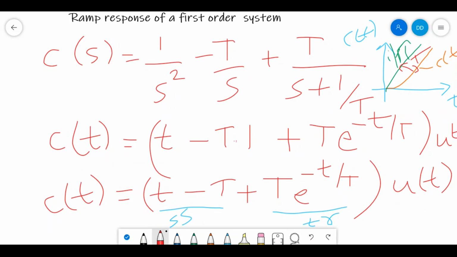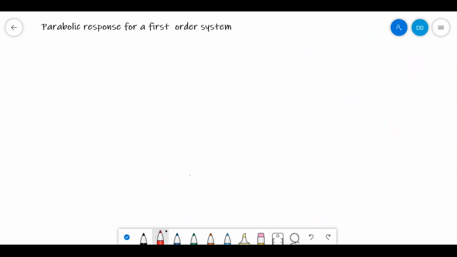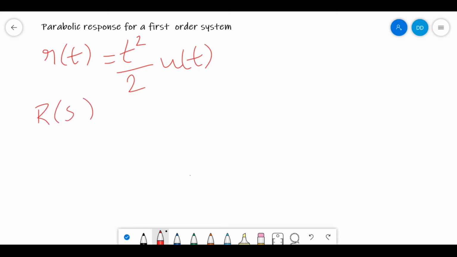Lastly, we'll see what happens if we apply a unit parabolic input to a first order system. The parabolic input is given by r of t is equal to t square by 2 into u of t. If we apply Laplace, we get R of s is equal to 1 by s cube. We consider a unit parabolic signal.